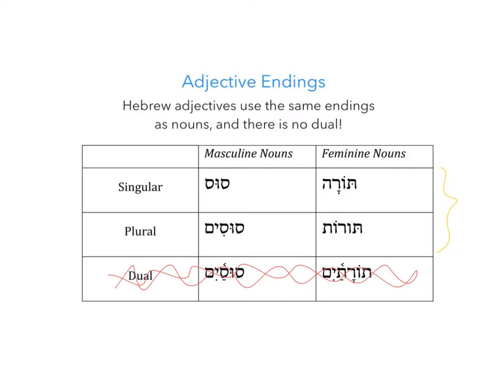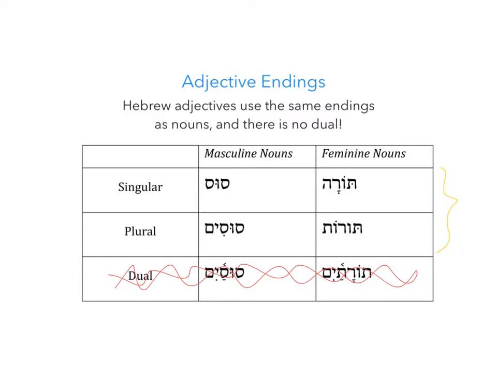So this is our noun chart that we know, but I'll point you to page 81 in our textbook by Ross. There he gives us an adjective chart using the adjective tov, or good. What you're seeing there are those four quadrants, masculine, feminine, singular, plural, using that adjective tov, but with these same endings: tov, tova, tovim, tovot.